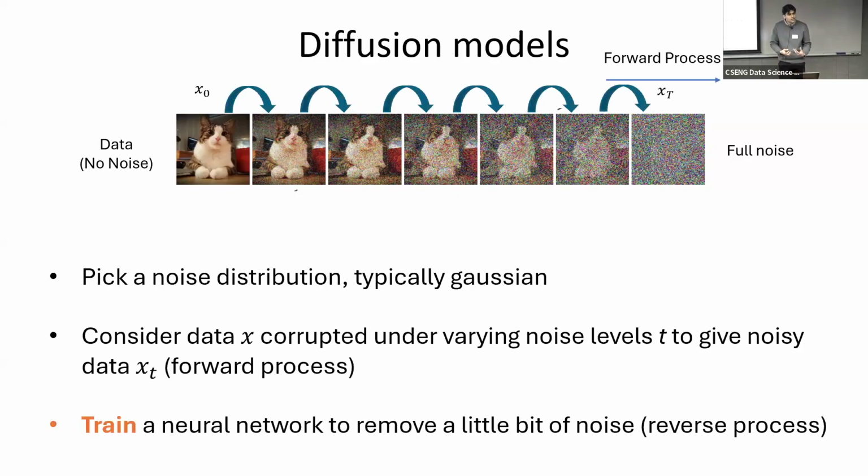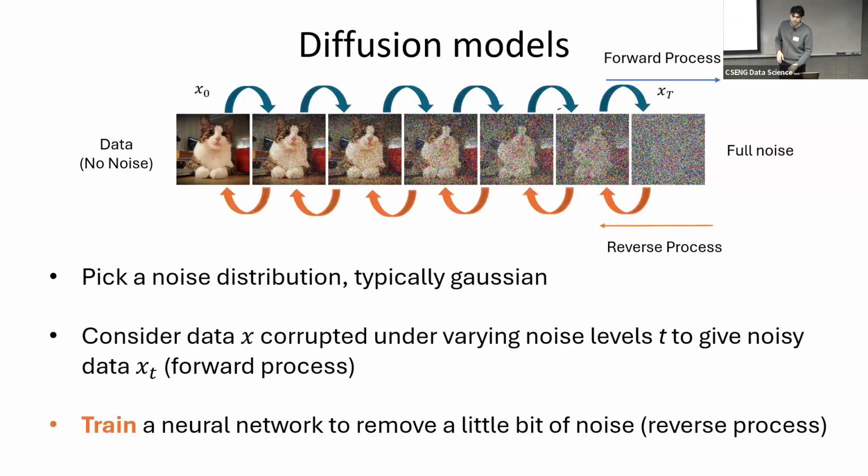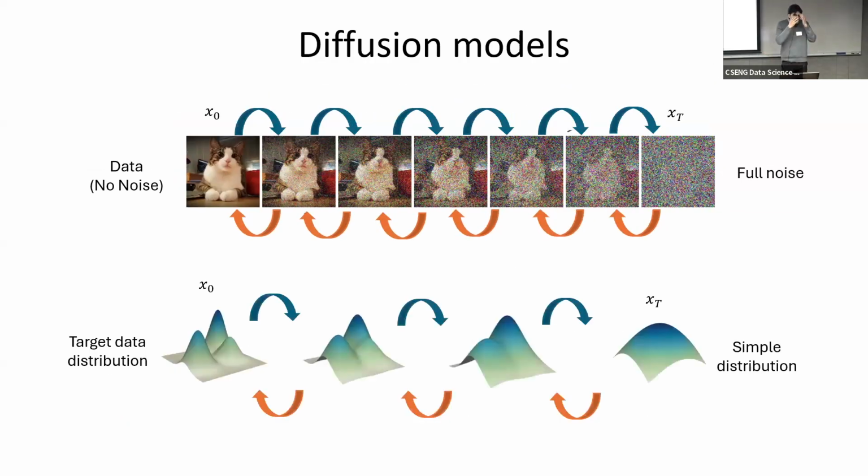The neural network is trained with the objective of removing the noise that is added at each step, which we call the reverse process. It's most intuitive to see this in terms of images, but the idea remains the same for other types of domains as well, where we take our original data sample, corrupt it with some form of noise, and then the neural network's job is to remove that.